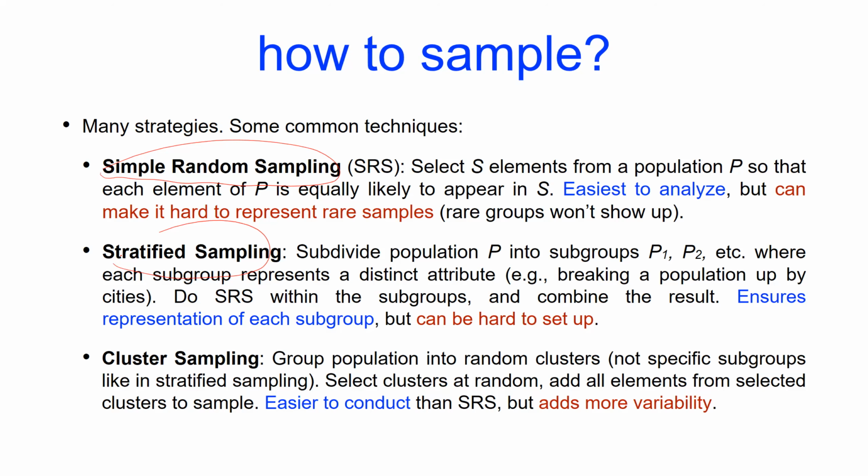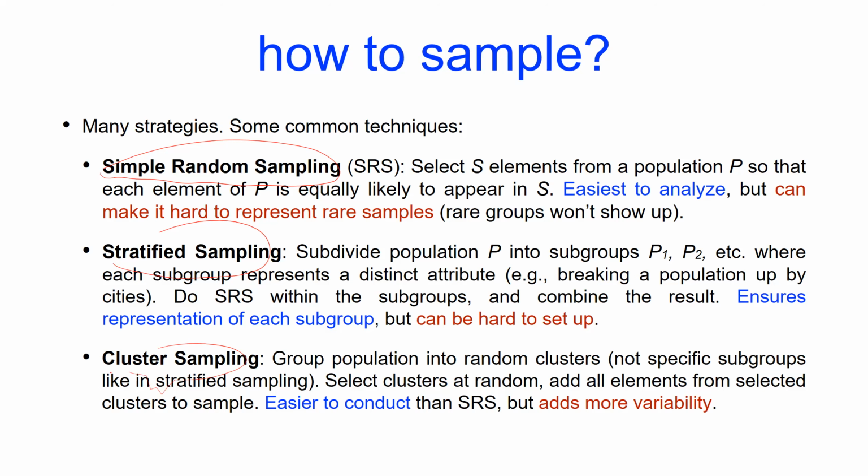So the other one is called cluster sampling. Cluster sampling is slightly different from stratified sampling. Stratified sampling first partitions your population into several groups, then you do random sampling within the group. But cluster sampling says, I will find some way to partition your population into several clusters.